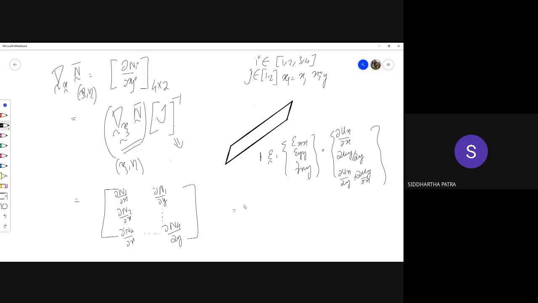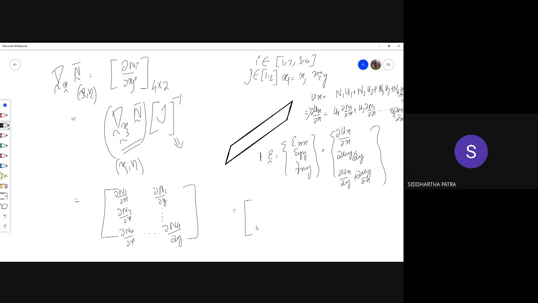Basically, ux is N1 u1 plus N2 u2 plus N3 u3 plus N4 u4, which means del ux del x is u1 del N1 del x plus u2 del N2 del x, and so on up to u4 del N4 del x.